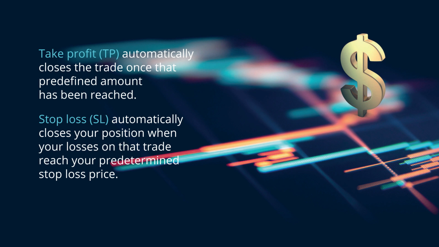So to avoid this, another instrument can be used. It's called stop loss. Stop loss automatically closes your position when your losses on that trade reach your predetermined stop loss price. So once again, when you are buying some currency, you can set up not only the take profit, but also the amount of loss which you are ready to take as your maximum, right?